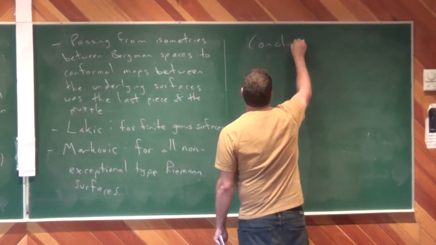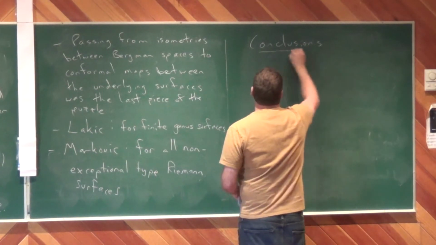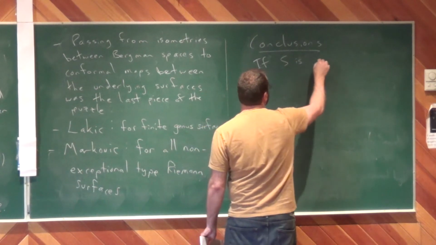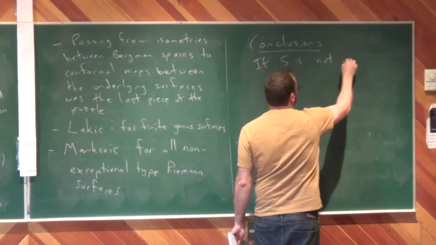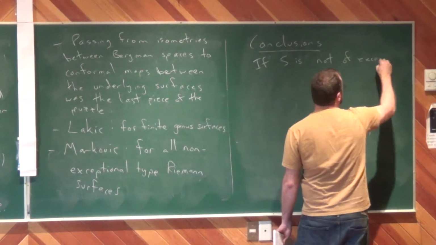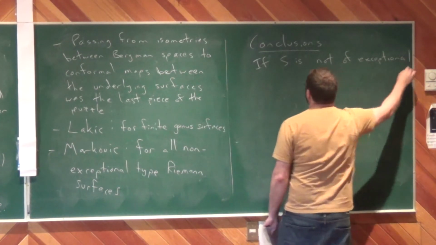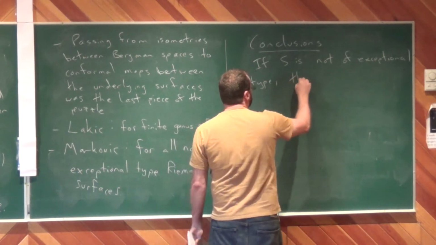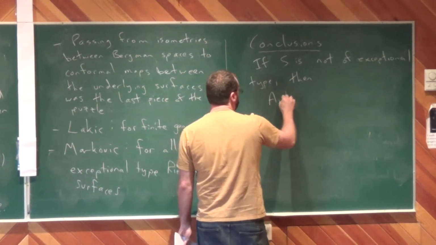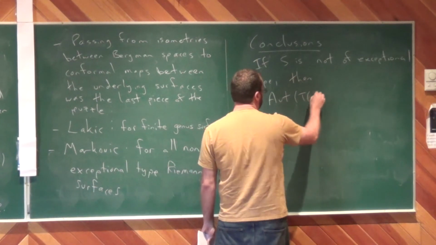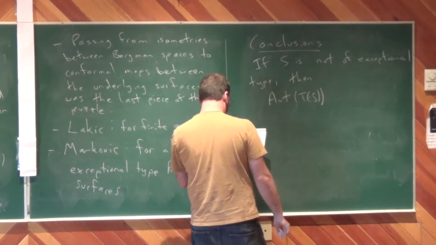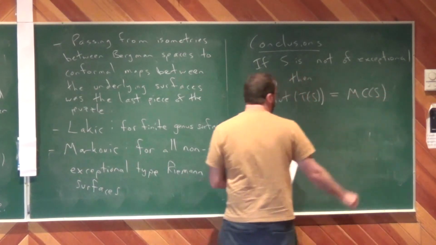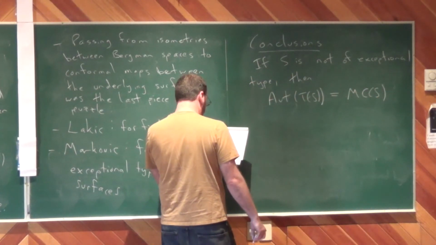So the conclusions: if S is any Riemann surface and not of exceptional type, then the biholomorphic automorphisms of Teichmüller space can be identified with the mapping class group of your surface.